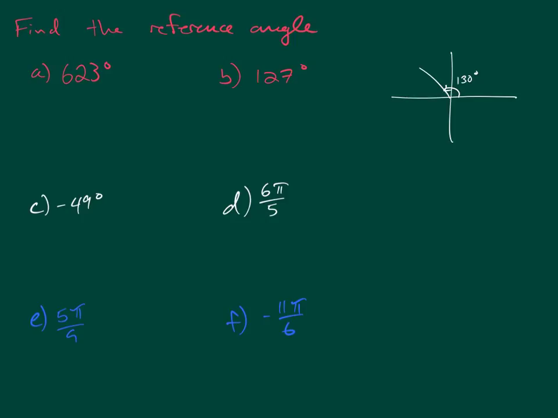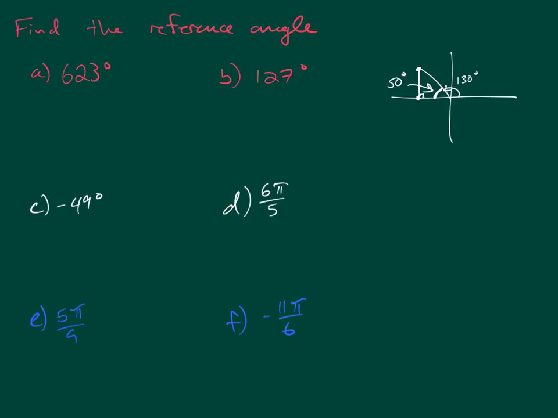Well, I know that angle is in the second quadrant, so if I were going to make a triangle out of this, I would go down to the x-axis, so I would have my right angle. And what we're interested in then is what angle is made up by that particular radius and the x-axis. And in this case, it would be 50 degrees.